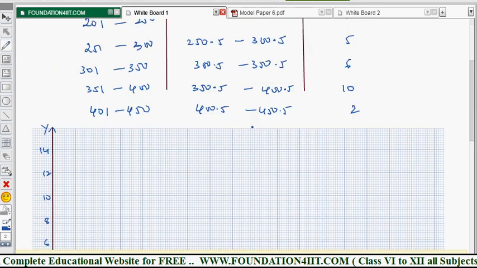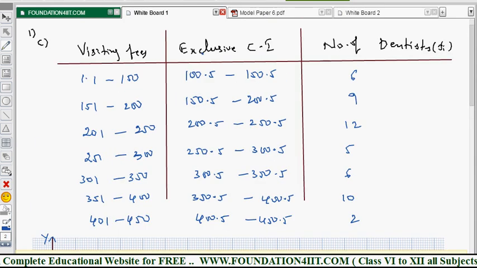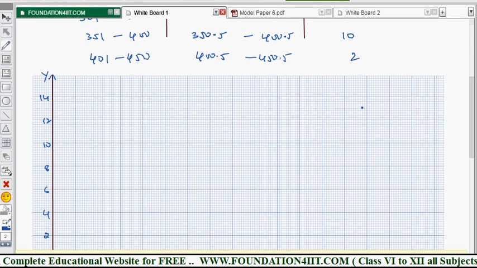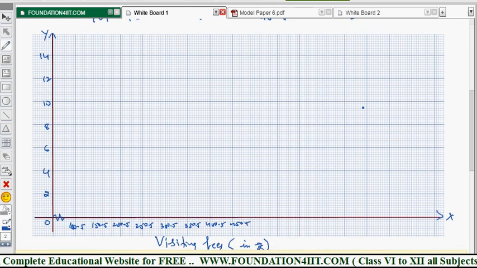According to the table, now don't see the listing fees, see the exclusive case. 100.5 to 150.5 has number of dentists 6. Up to 6 you can mark. Then next is 9, 12. So let me take this bar, up to 6.